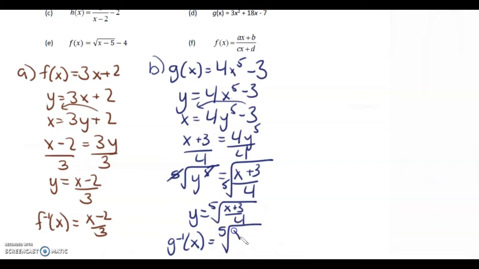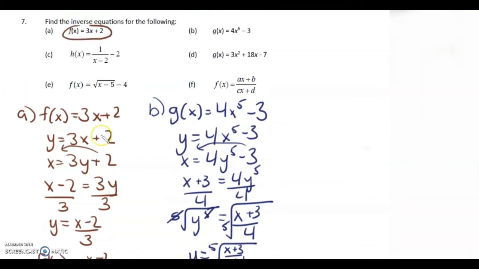Even if the inverse is not a function, we still write it with function notation. So we get g inverse at x equals the fifth root of x plus 3 over 4. Okay, so we can see the inverse of x to the 5 is the fifth root function.